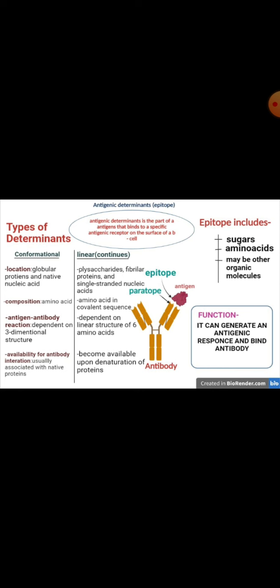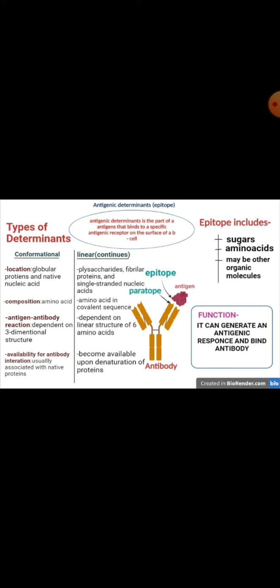There are many characteristics of antigenic determinants. First, it is a short sequence, 6 to 15 amino acids in length, that becomes an antigenic determinant. Second, they can be continuous or discontinuous. Now the question arises: what do continuous and discontinuous antigenic determinants mean?